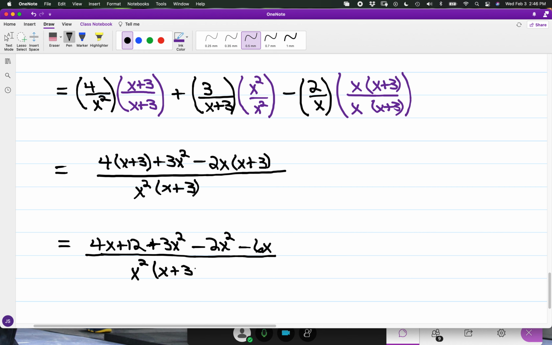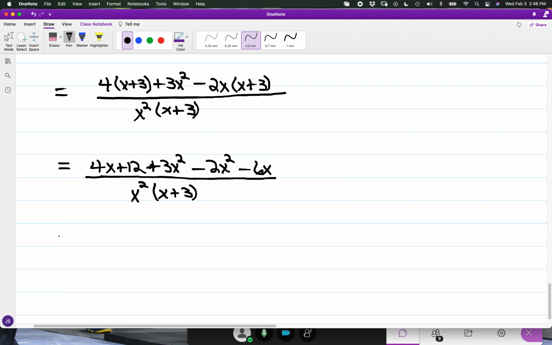Now you can put the terms in most any order. In the final result, I'm going to put the numerator terms in descending degree order. So we have 3x squared minus 2x squared, which gives x squared.